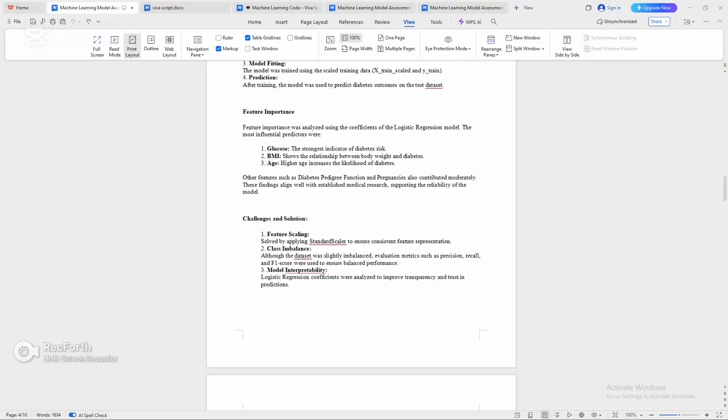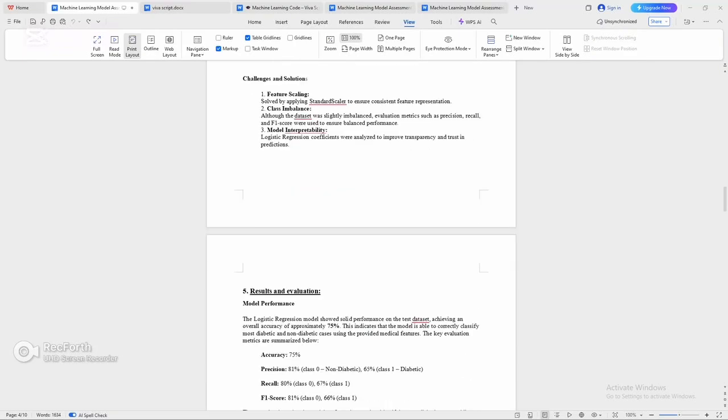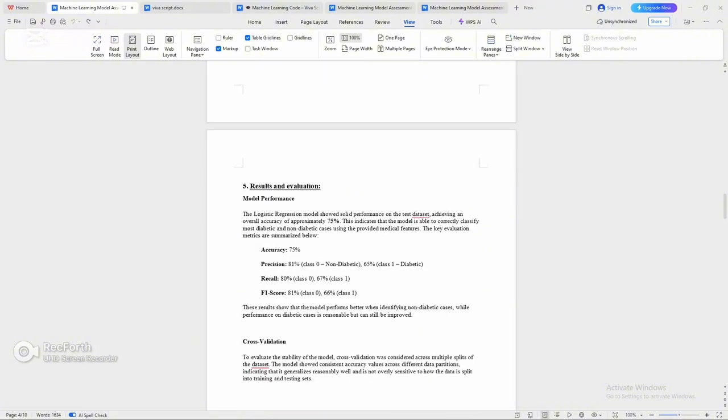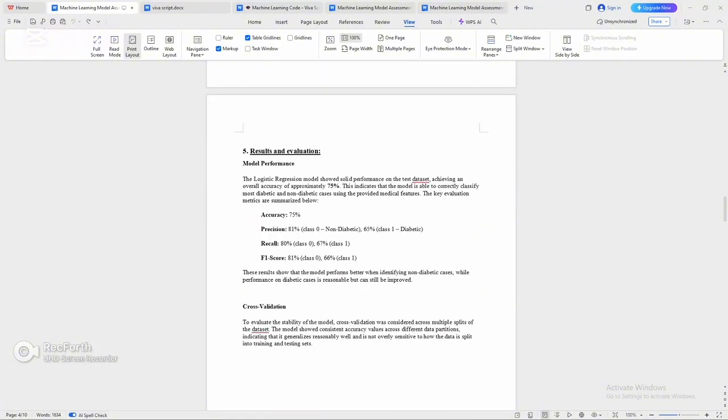The key evaluation metrics were accuracy, precision, recall, and F1. Recall performed better on non-diabetic cases, whereas precision was also higher for non-diabetic cases than diabetic cases.